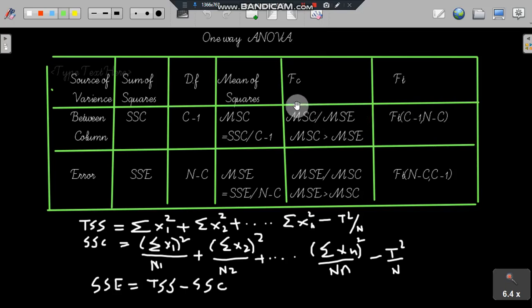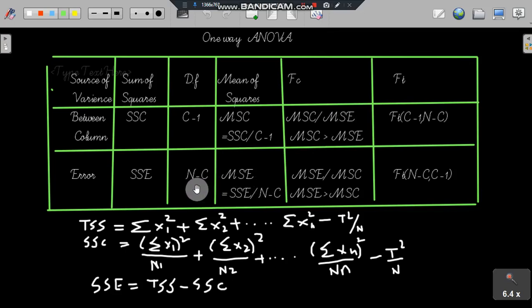The numerator's degrees of freedom we have to write first inside the bracket, and then MSE in the denominator. MSE, what's its degrees of freedom?